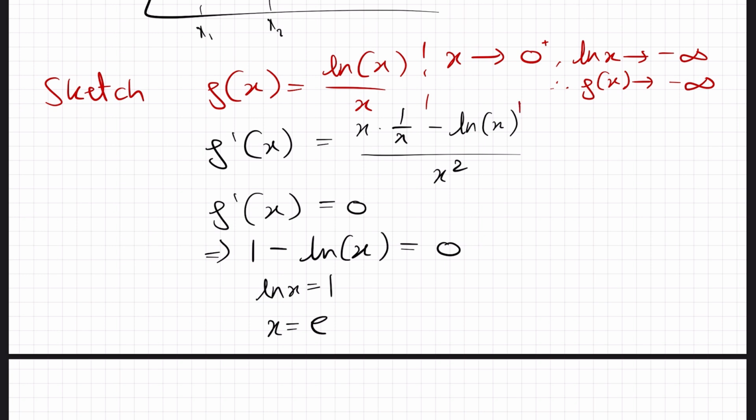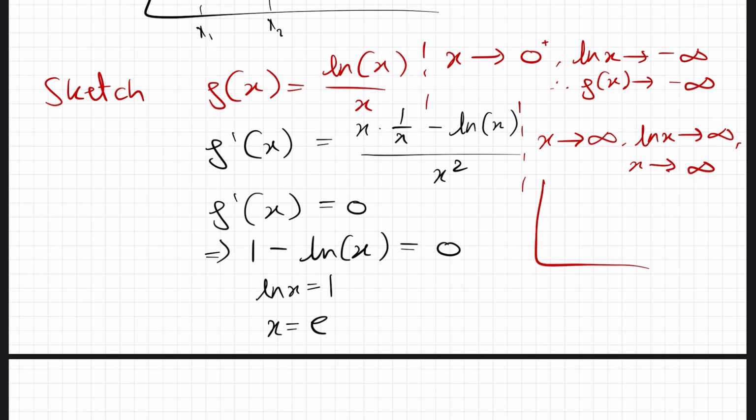And as x approaches infinity, this is going to be ln x over x, which both approach infinity as well. However, x actually approaches infinity at a faster rate than ln x, because ln x is known to be a really slowly increasing function.